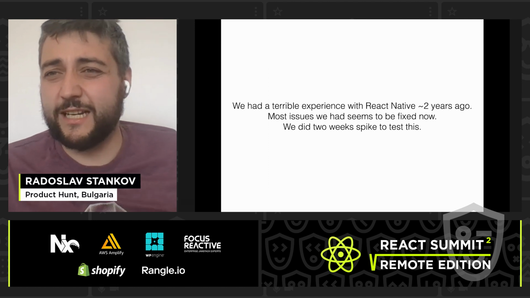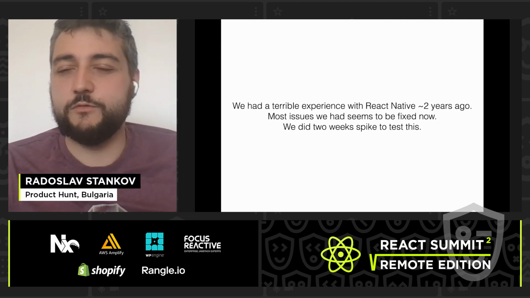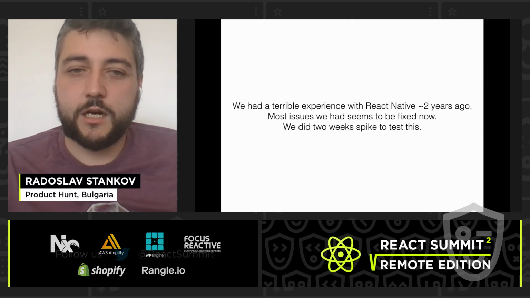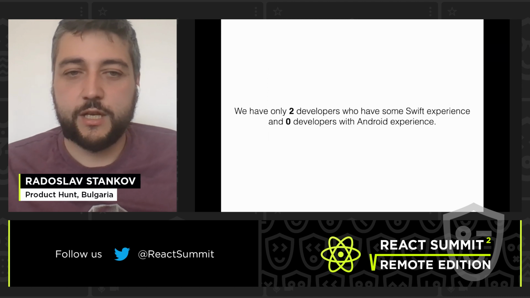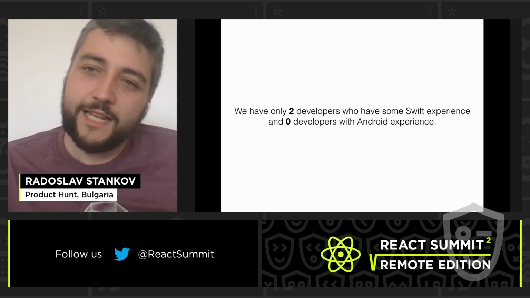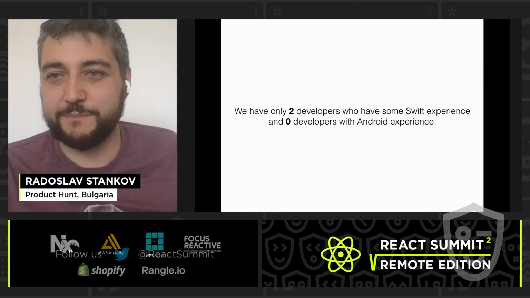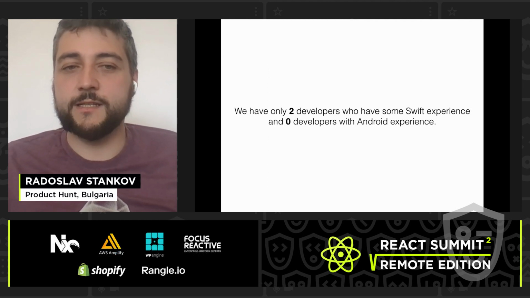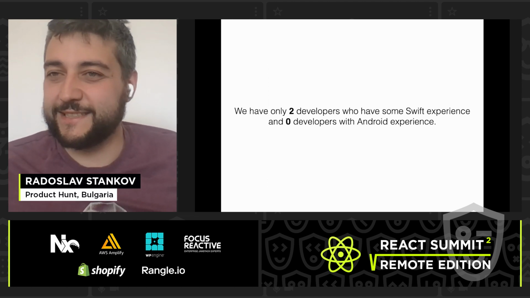We really had a terrible experience more than 2 years ago when we initially started with React Native. It was quite a bit of a challenge. On the other side, we have only 2 developers who have some Swift experience, not very new ones, and we have 0 developers with Android experience.